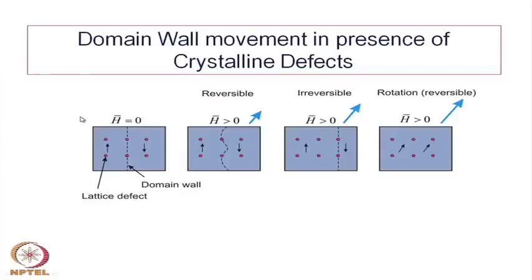Now, while the domains are moving in their path of movement, they may encounter different kinds of defects.